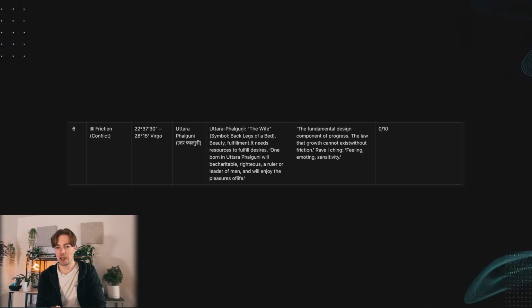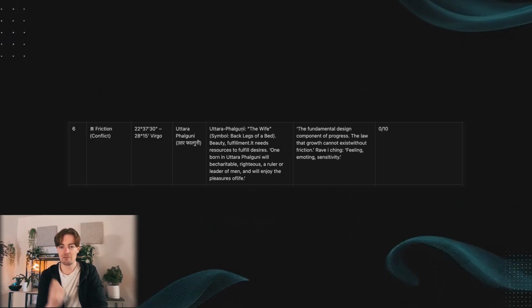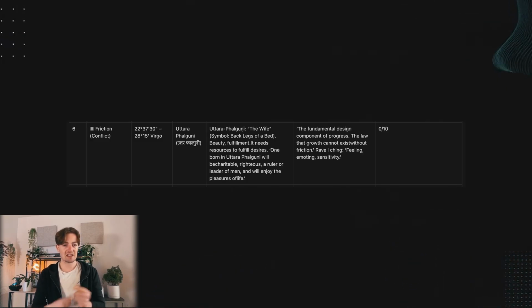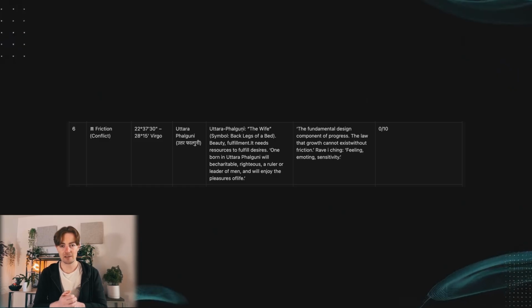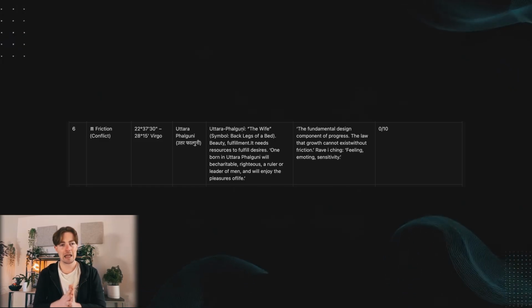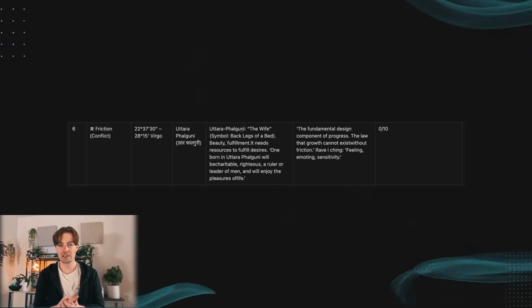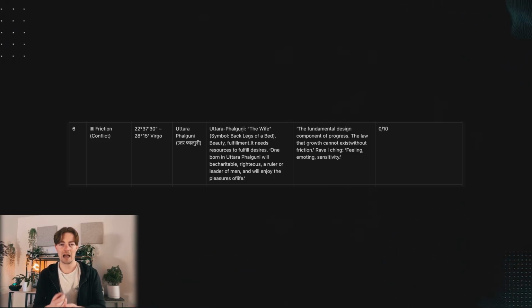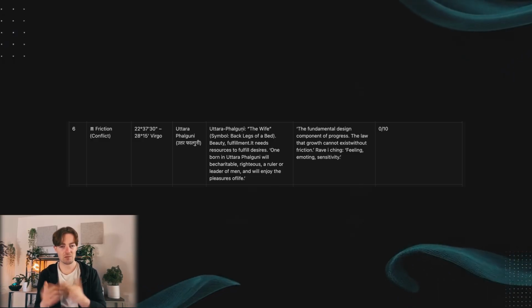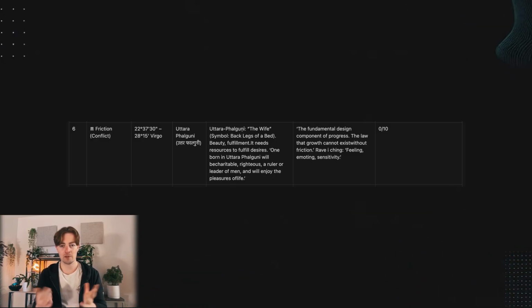From the Ra Ching, there's feeling, emoting, and sensitivity in this gate of friction and conflict. So again, this Human Design gate of conflict does not really pair well at all with the charitable, righteous enjoyer of the pleasures of life of Uttara Falguni, so it doesn't really work there. I'm struggling to see how it fits into Virgo too, to be honest, so let's move on.